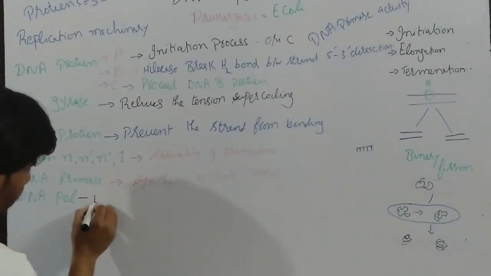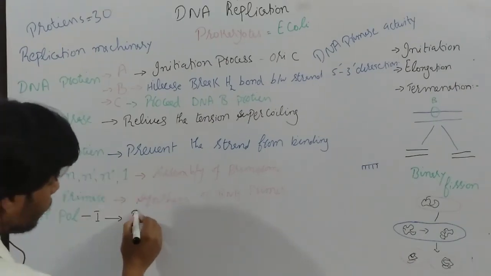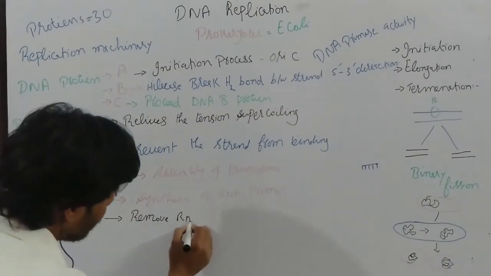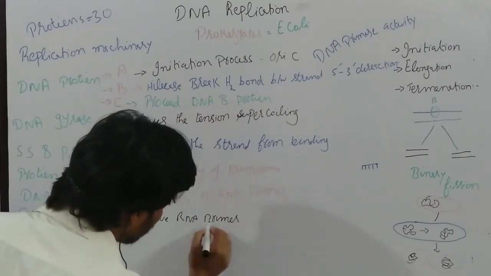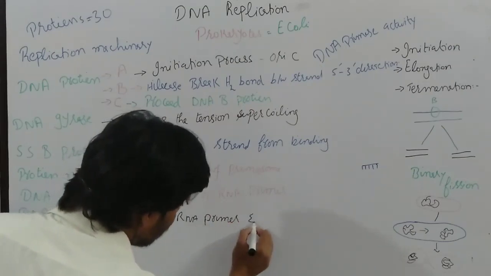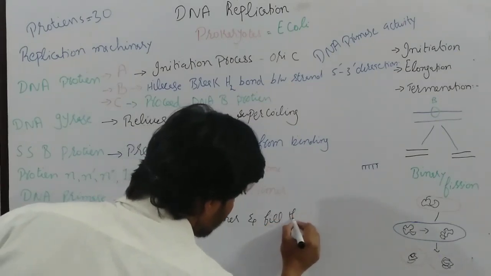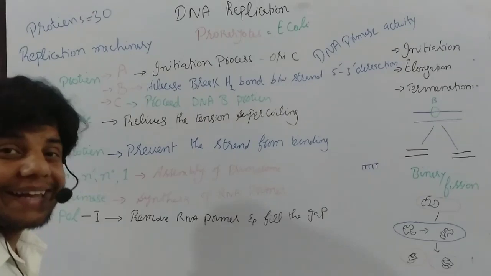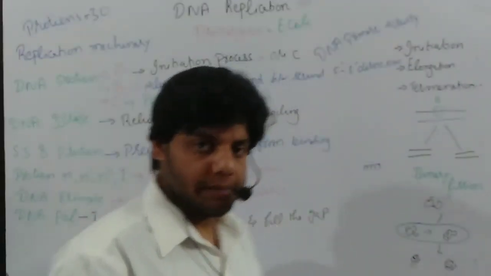So DNA polymerase I is involved to remove the RNA primer and fill the gap by adding the correct DNA nucleotide.